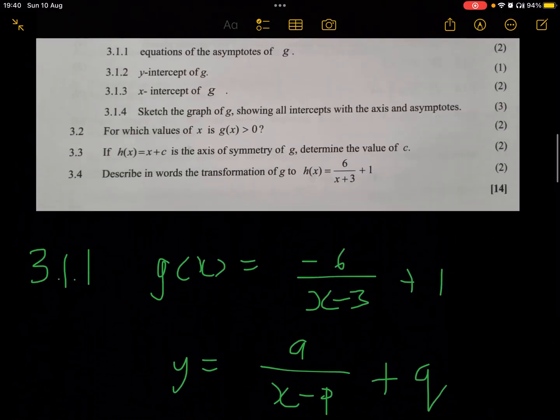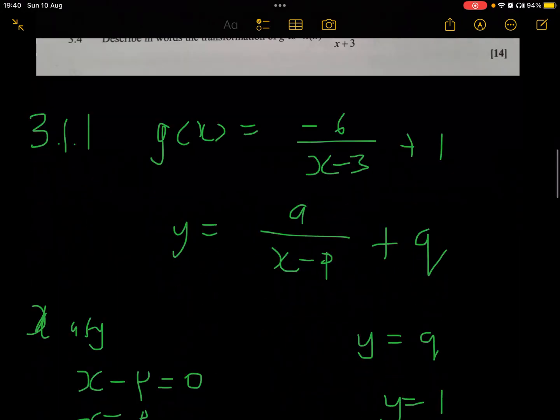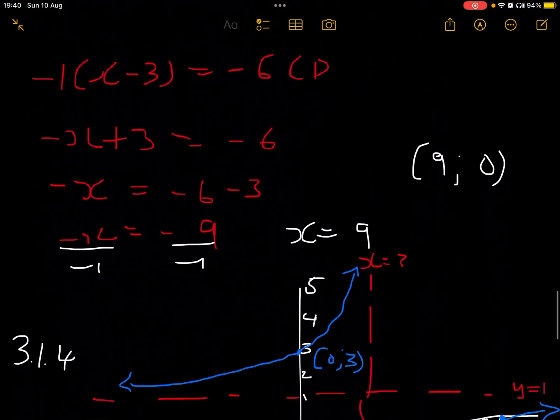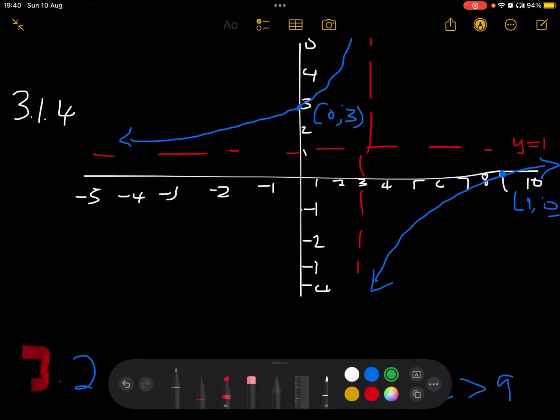the question says that if h of x is equal to x plus c, is the axis of symmetry, determine the value of c. Now the axis of symmetry passes through here. If I can draw it maybe in green, the axis of symmetry passes through here so that this graph can be reflected to look like this graph.